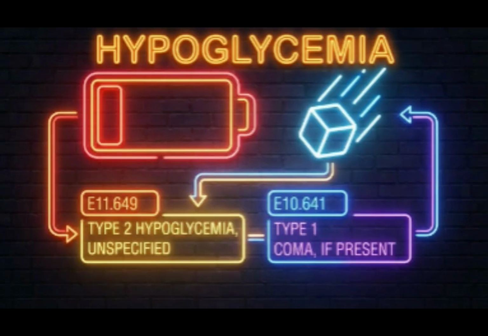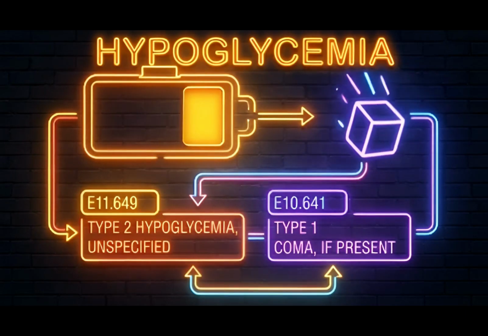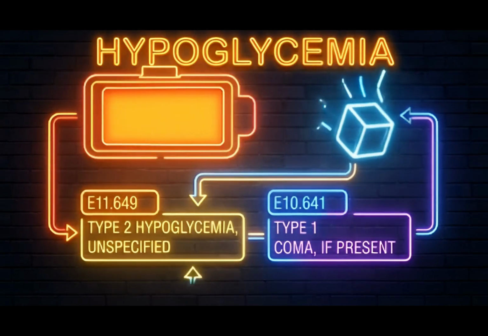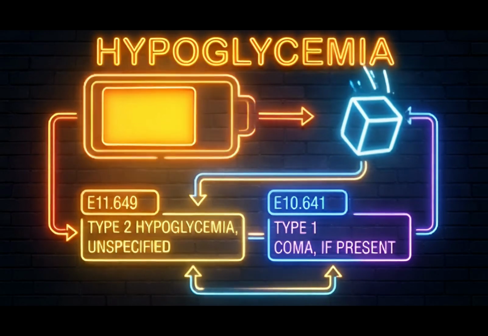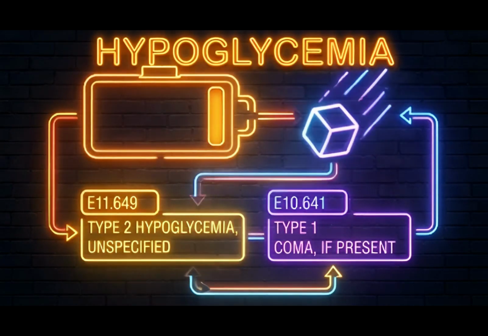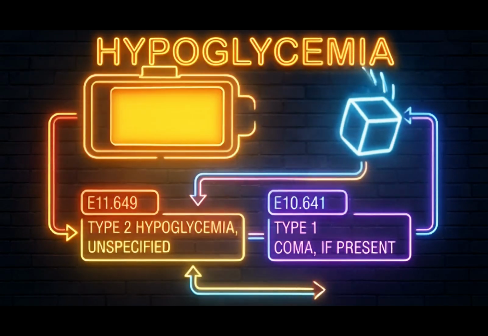Let's break down hypoglycemia coding in a simple way. When a patient with type 2 diabetes has hypoglycemia and the provider doesn't specify further details, we use E11.649, type 2 hypoglycemia, unspecified. But if the patient has type 1 diabetes and hypoglycemia with coma, the correct code is E10.641.